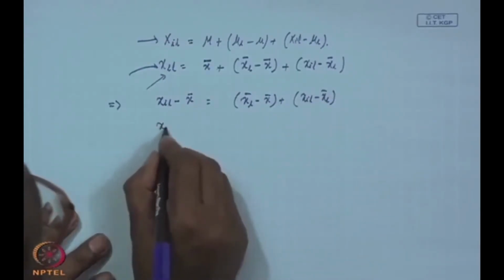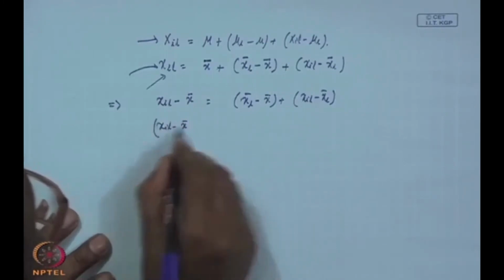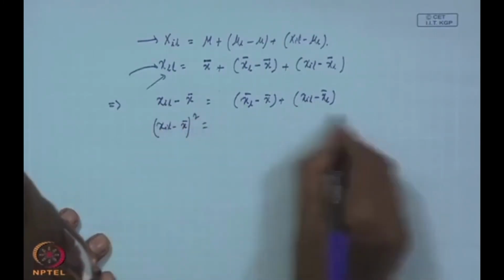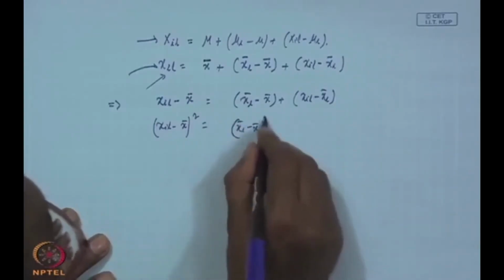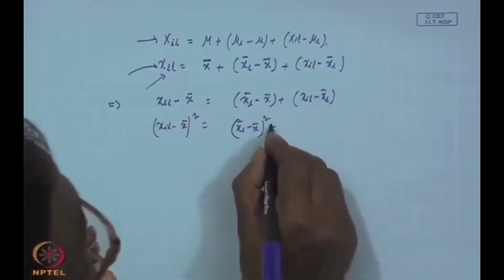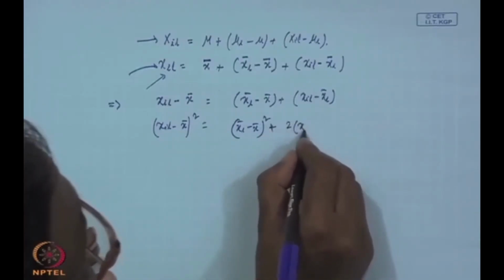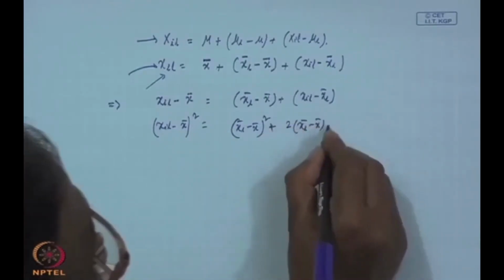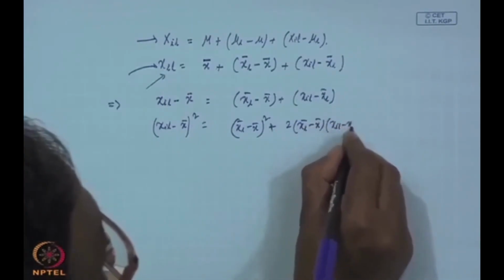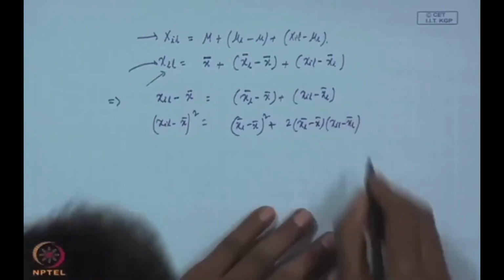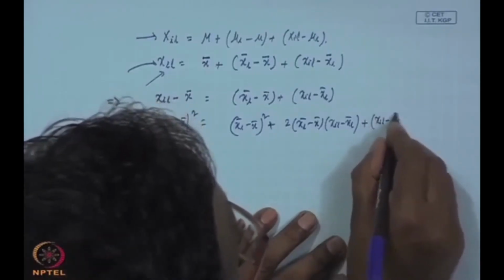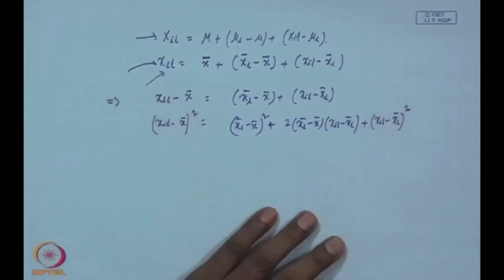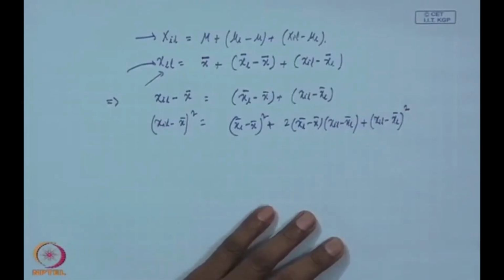XIL minus X bar square equals XL bar minus X bar square plus 2 into XL bar minus X bar into XIL minus XL bar plus XIL minus XL bar square.